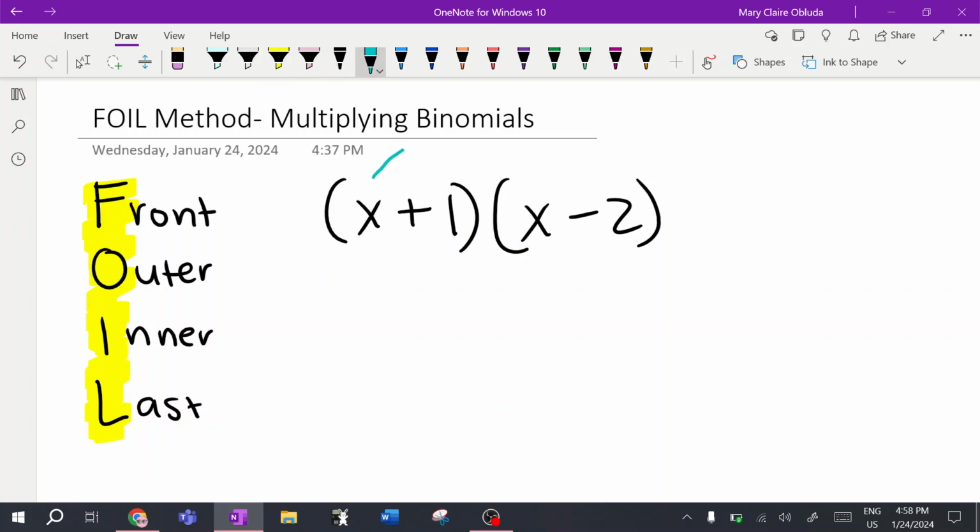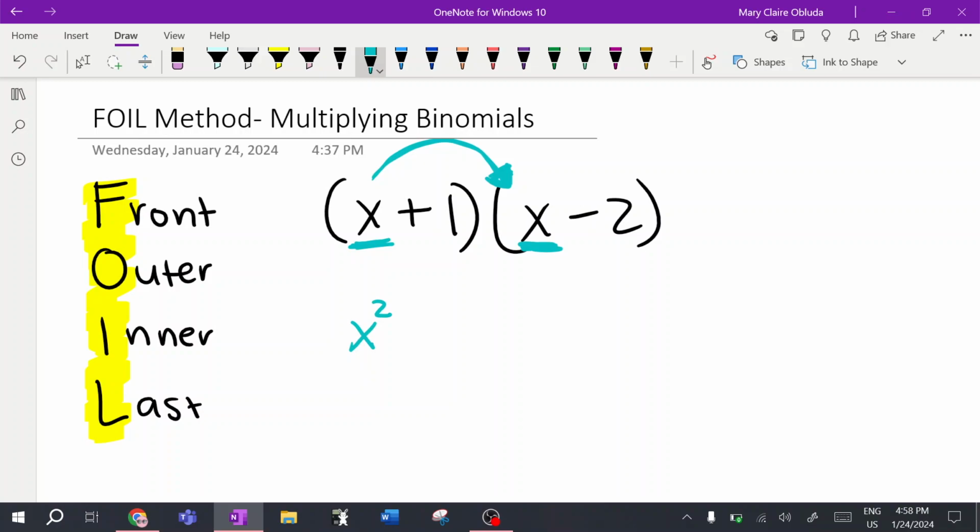So we're going to distribute the first term times both of these, and then this one by both of them to make sure that we multiply each term. But first we're going to do the first terms in each expression. So we've got x times x, so x squared.